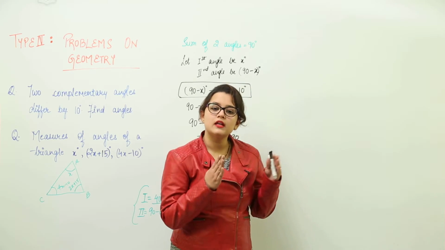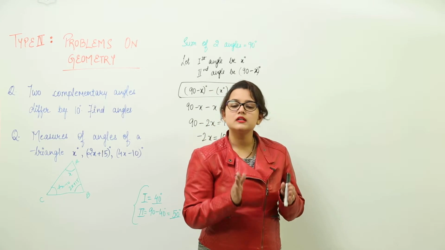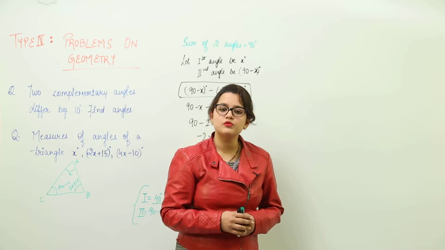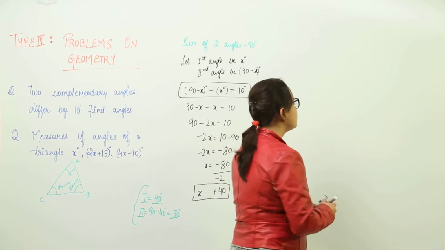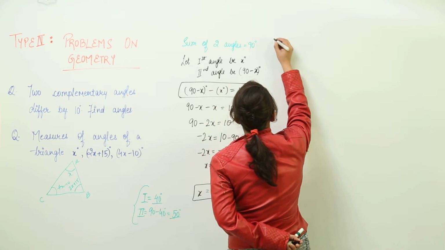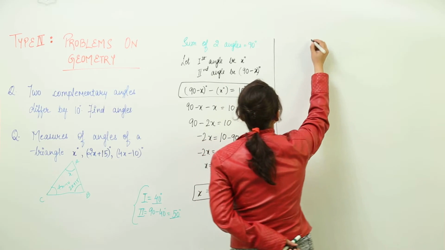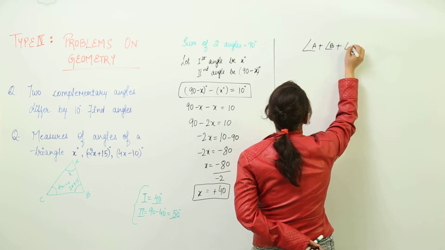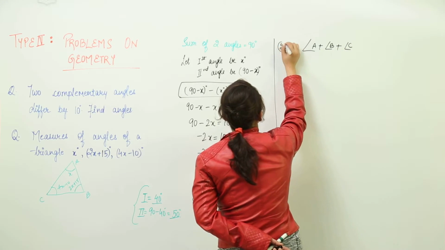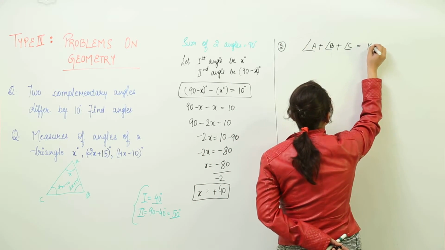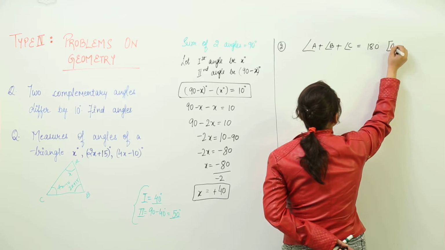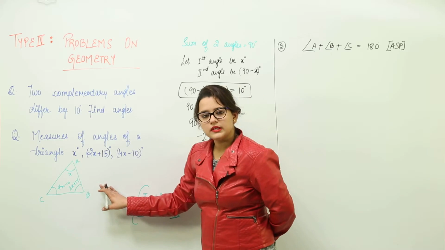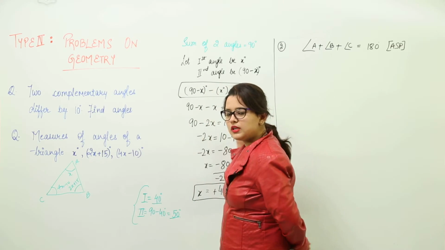The angle sum property says that the sum of the three angles of a triangle is 180 degrees. So here we can write that the sum of angle A plus angle B plus angle C is equal to 180 degrees as per the angle sum property. Now we put the assumed values into the equation.